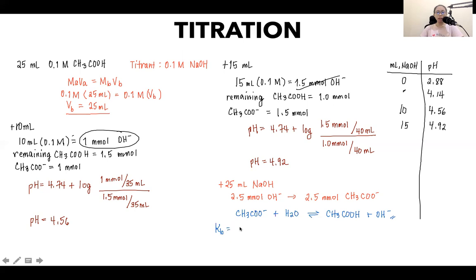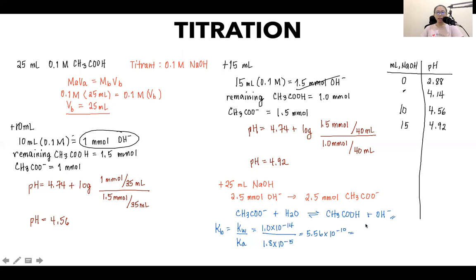And we can determine that by dividing the ion product constant of water with the acid dissociation constant of the conjugate acid, acetic acid. So that's 1 times 10 raised to negative 14. This is a constant, so you should memorize this. Divided by 1.8 times 10 raised to negative 5. And this will give you 5.56 times 10 raised to negative 10.